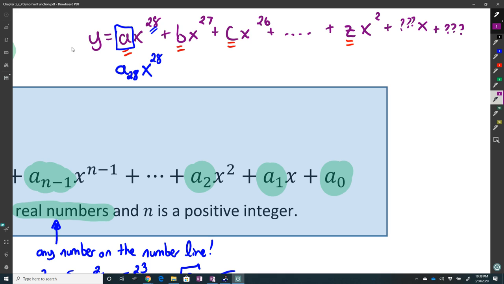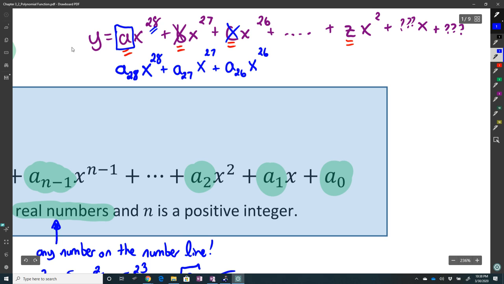Same thing here. Instead of b, they call it a subscript 27 because it's the number in front of x to the 27. This one, they're going to call it a subscript 26 because it's the number in front of x to the 26. And with that notation, we can go here.